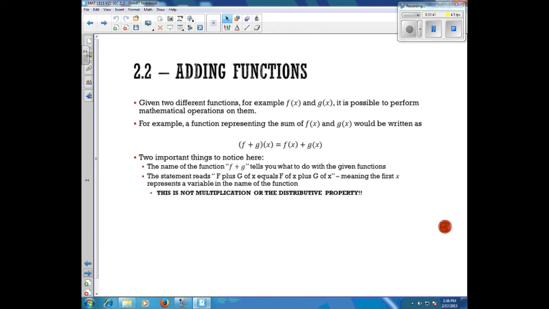Meaning the first x in this equation represents the name of the variable in the function. This f plus g of x is just the name of a function. It's not multiplication. You're not distributing in this case. It's just the name of the function, f plus g of x.